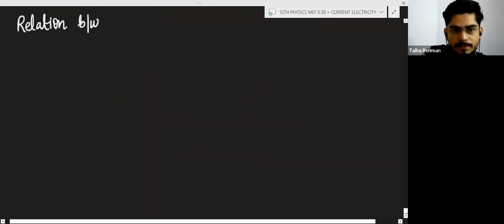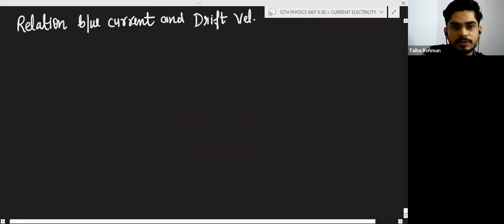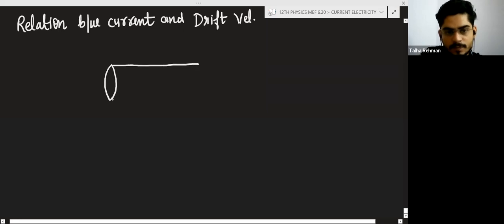Relation between current and drift velocity. So for this, I am taking a conductor, a cylindrical conductor. This is the cylindrical conductor. And this is the cross section area of the conductor.